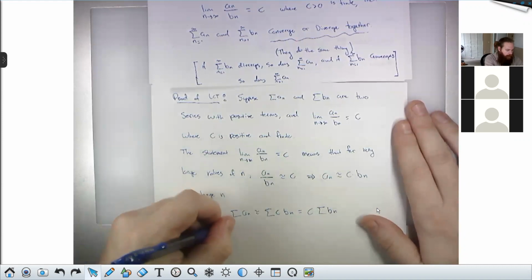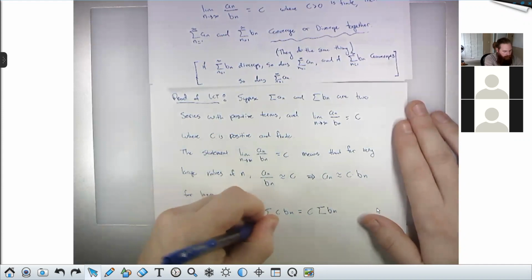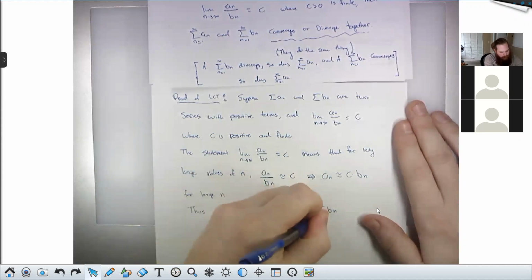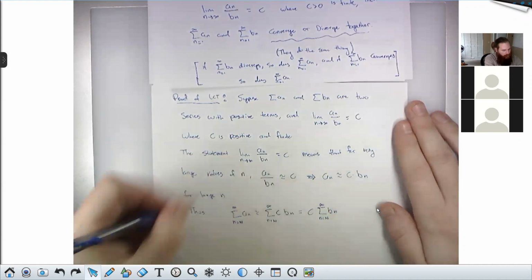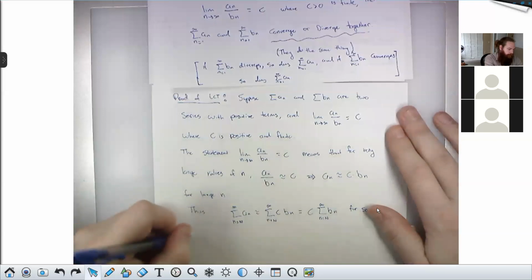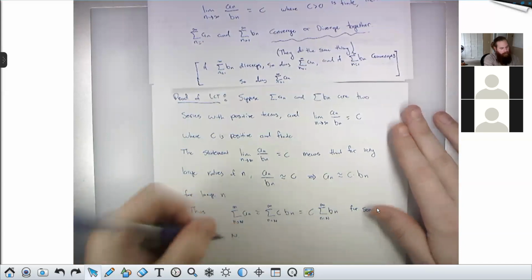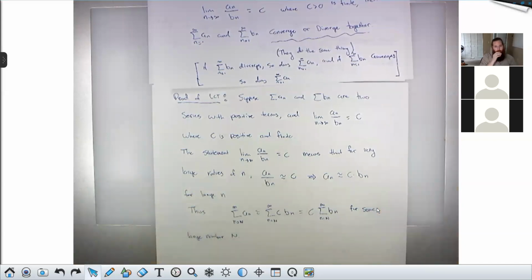And really, I'd be looking here at a tail, so from some capital N to infinity, for some large number capital N. So the tail of the series sigma An is very, very close to a constant times the tail of the series sigma Bn.